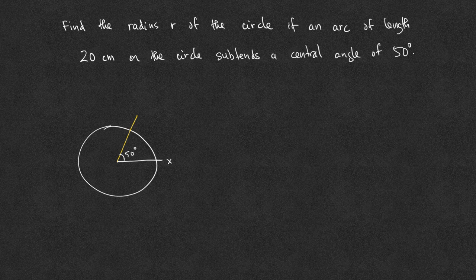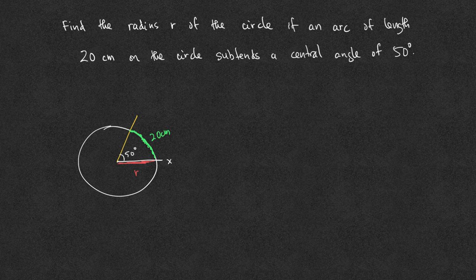The arc of length 20 subtends a central angle of 50 degrees, and so this arc has a length of 20 centimeters, and we're looking for the radius of this circle, r, in centimeters.